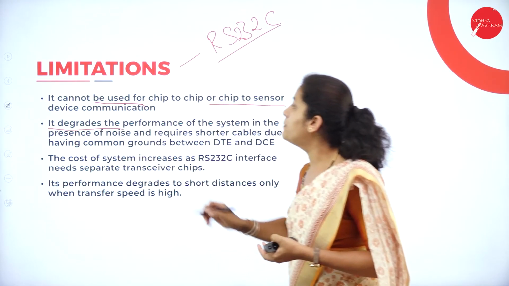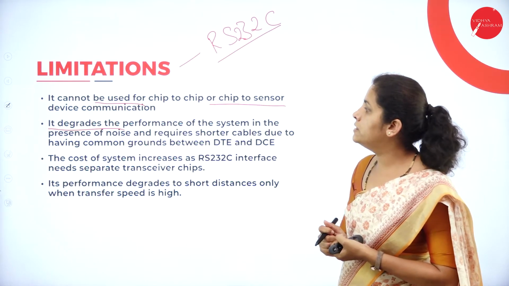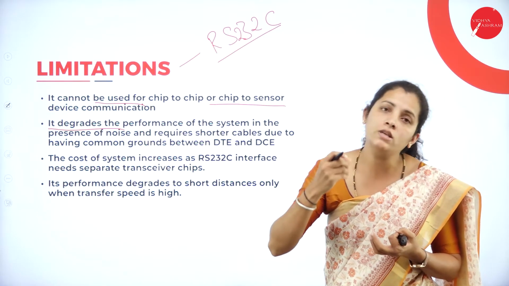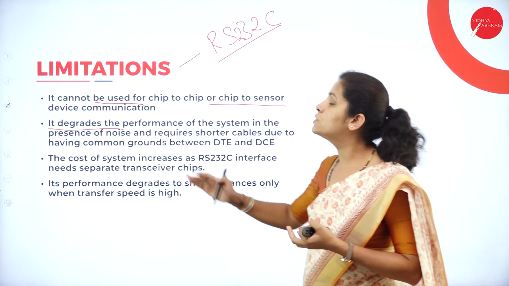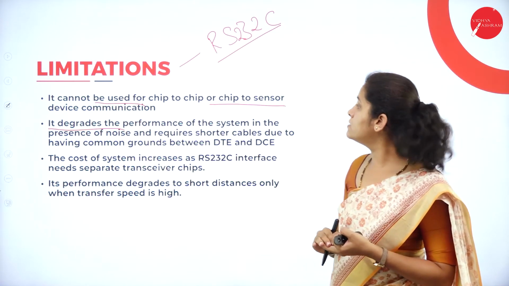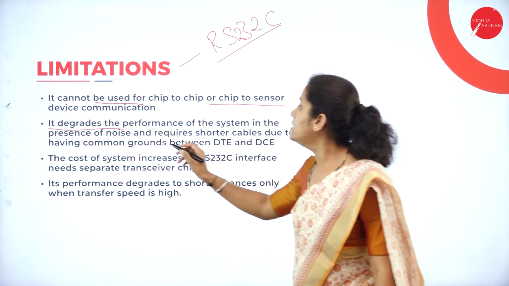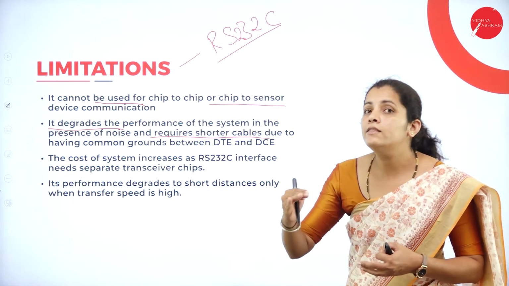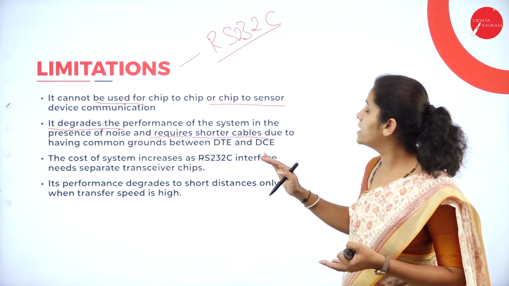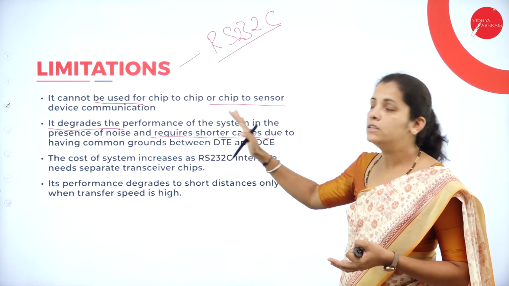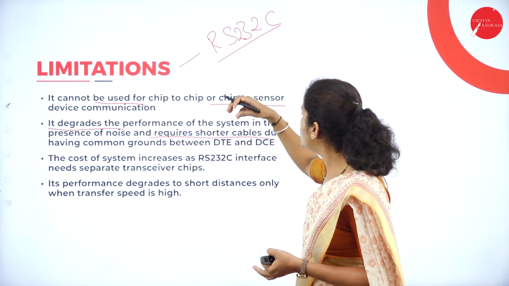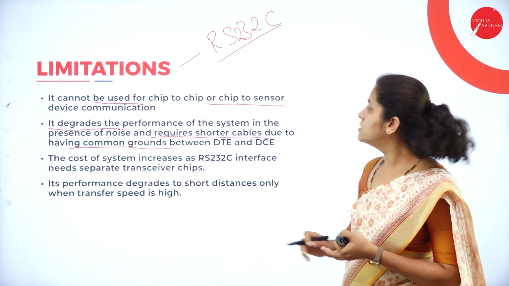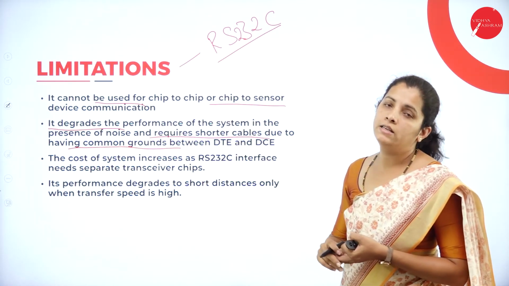It degrades the performance of the system in the presence of noise. That means if there is any noise in the cable, it is going to degrade the performance of the system. And it requires a shorter cable. That means the communication takes place within a shorter distance. It requires shorter cables due to having common grounds between DTE and DCE.